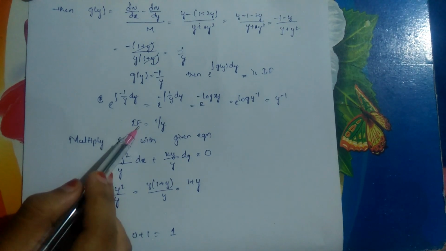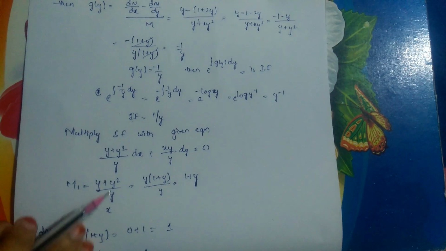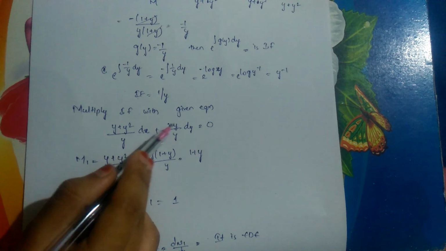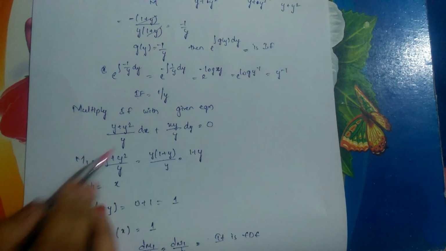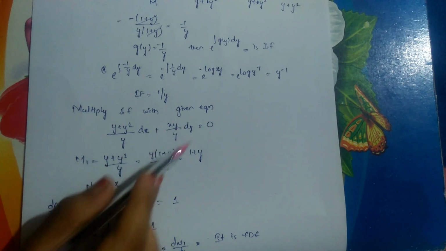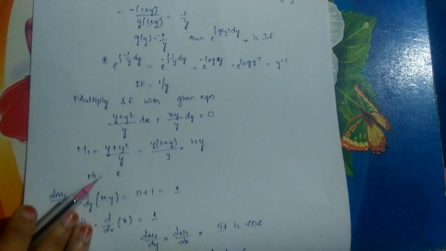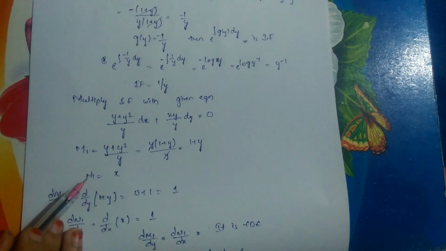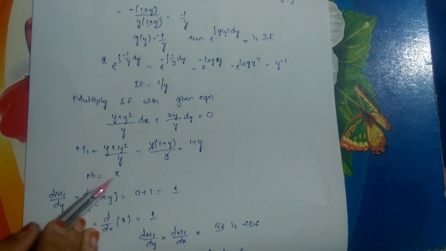Now multiply this integrating factor to the equation, then we get (y plus y square) by y dx plus xy by y dy is equal to 0. So this is the function M1 and this is the function N1. So here take y common in the numerator and this will be cancelled. So we get 1 plus y, and N1 is equal to x.